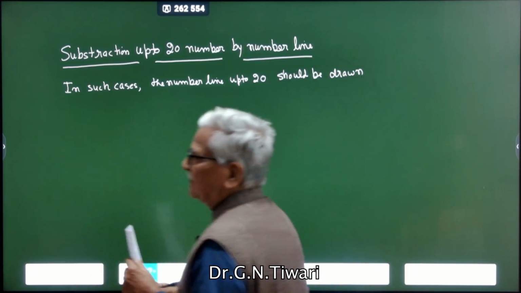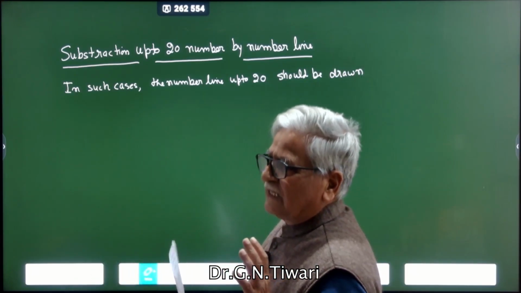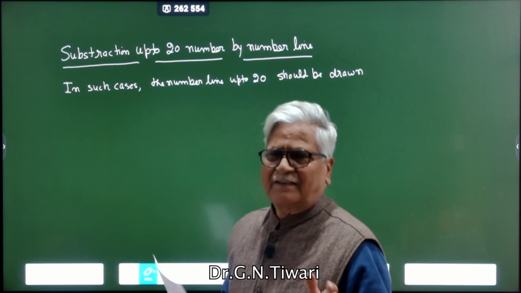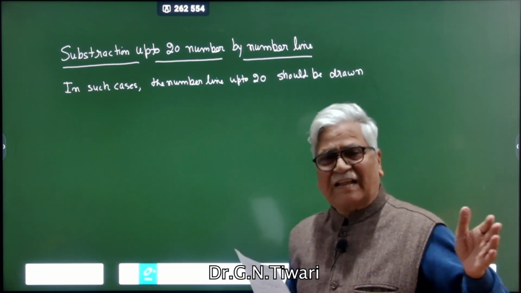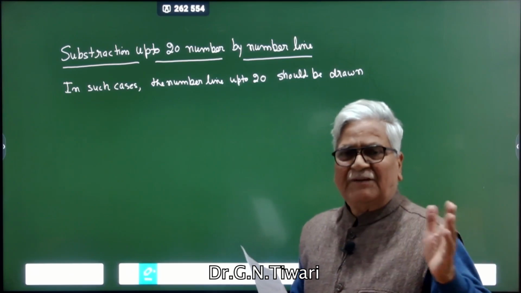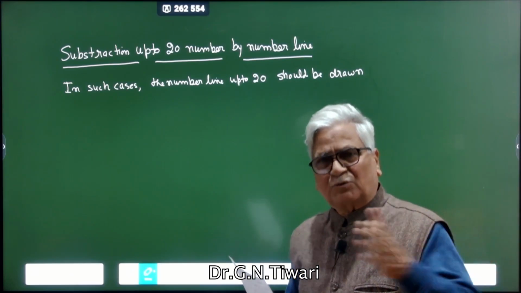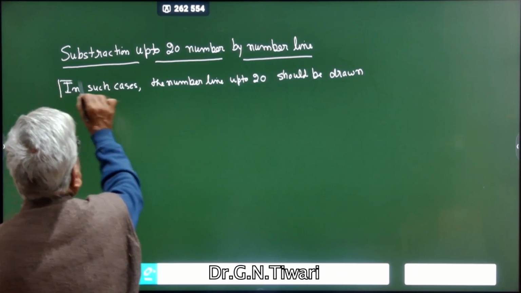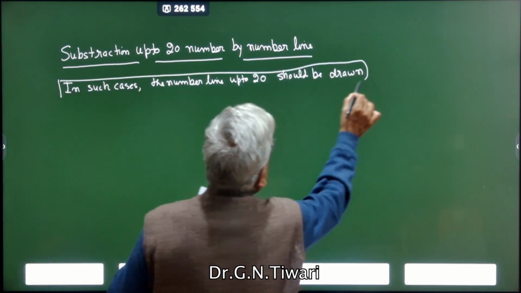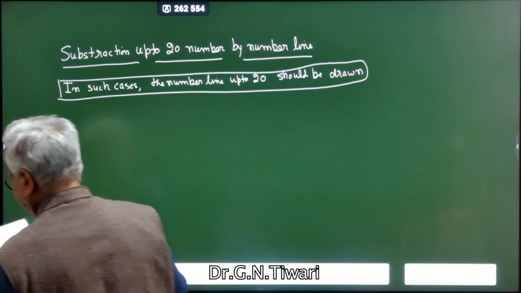Because it is for class 1 students, you have to make it very clear that if the question is up to 10 number, draw the line up to 10. If it is up to 20, draw the line up to 20. This is a very, very important suggestion for the students.